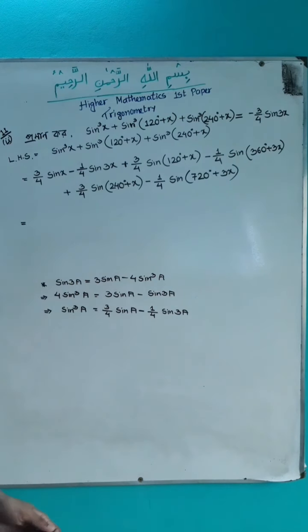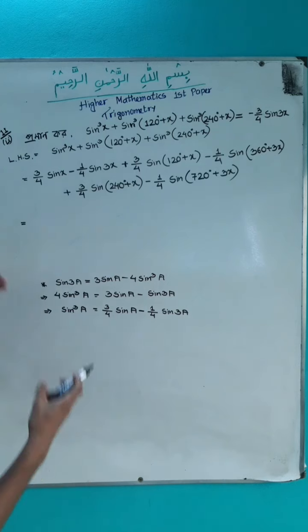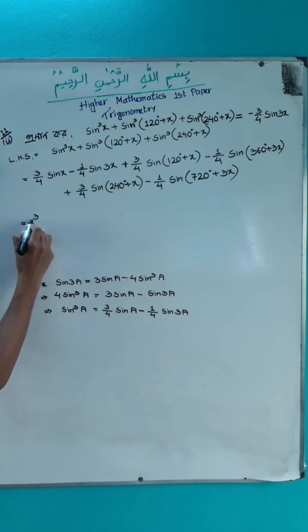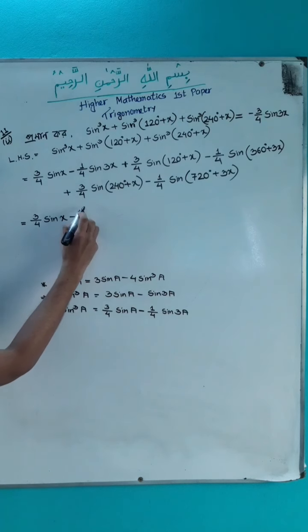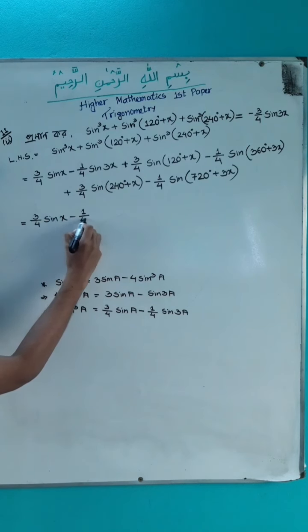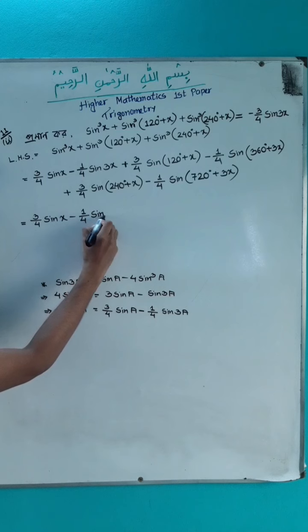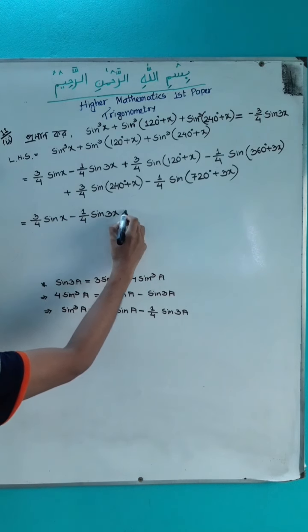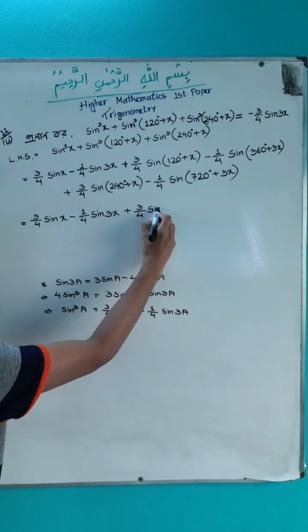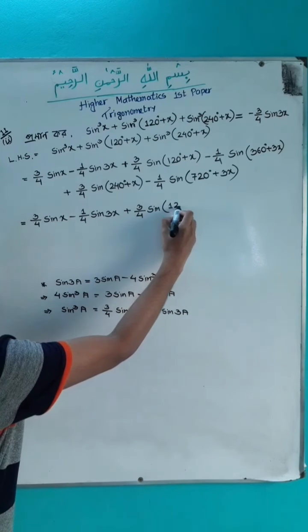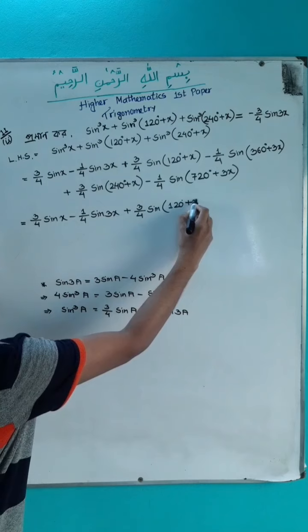In the next line we will write 3 by 4 sin x minus 1 by 4 sin 3x plus 3 by 4 sin (120 degree plus x).